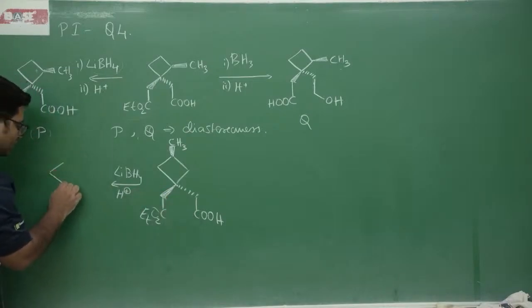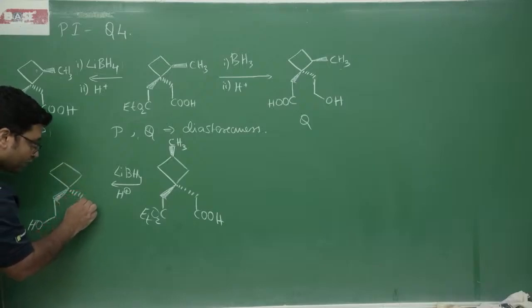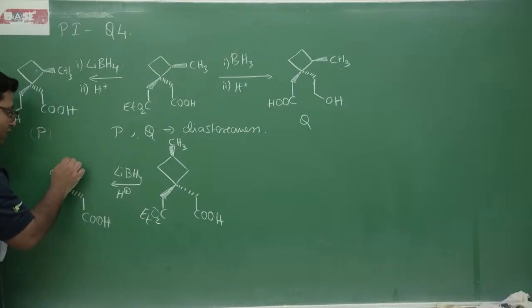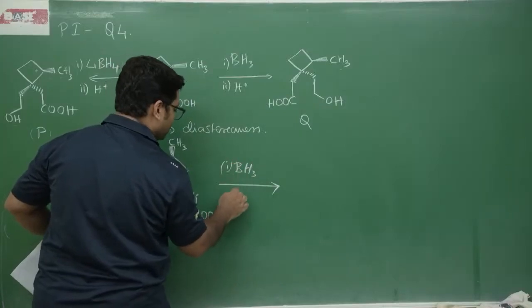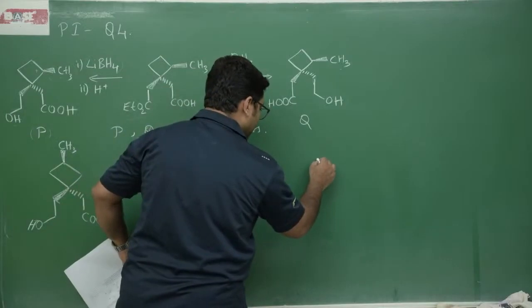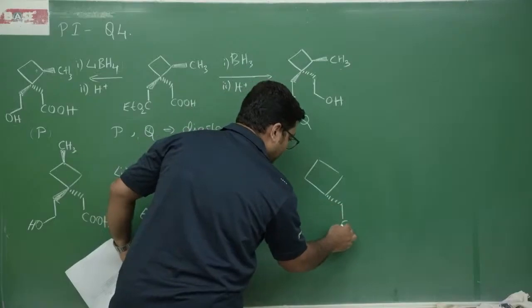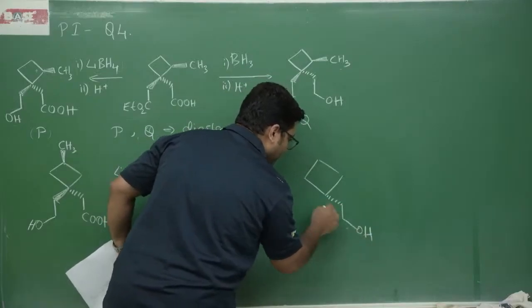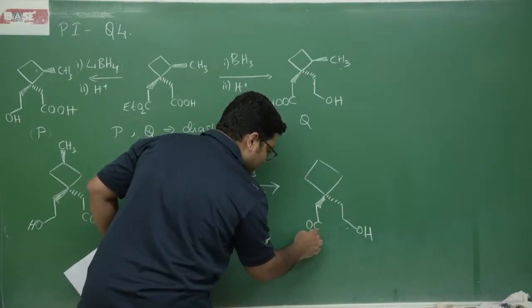So we'll be getting alcohol and carboxylic acid. On the other side, the borane reduces carboxylic acid, followed by acid hydrolysis. The ester gets hydrolyzed to carboxylic acid. In the first step, the carboxylic acid becomes alcohol. In the second step, the ester functional group undergoes hydrolysis to form carboxylic acid.